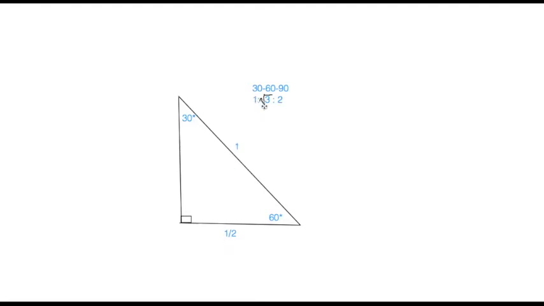To go from the short leg to the long leg, we have to multiply because we're getting bigger. So we're going to multiply 1/2 by the square root of 3. And that's going to give me the square root of 3 over 2. And that's how I would leave it. The square root of 3.